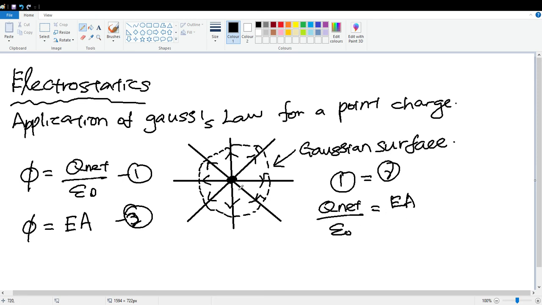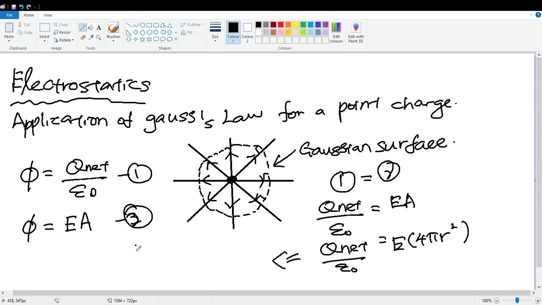In this case, the surface area for a point charge, which is in three dimensions, is a sphere. So the area is 4 pi r squared. And this is Q net divided by epsilon naught.